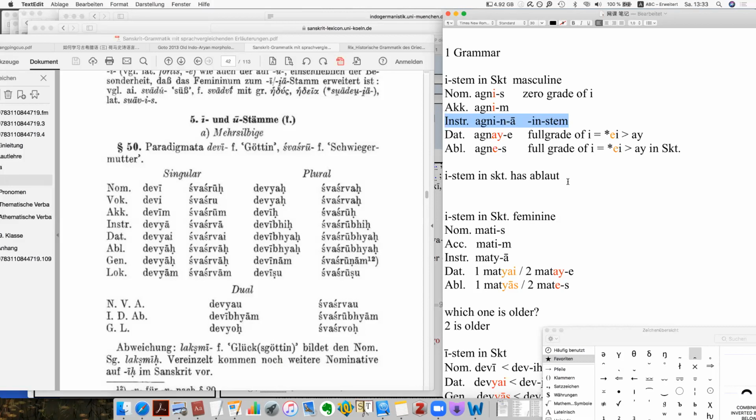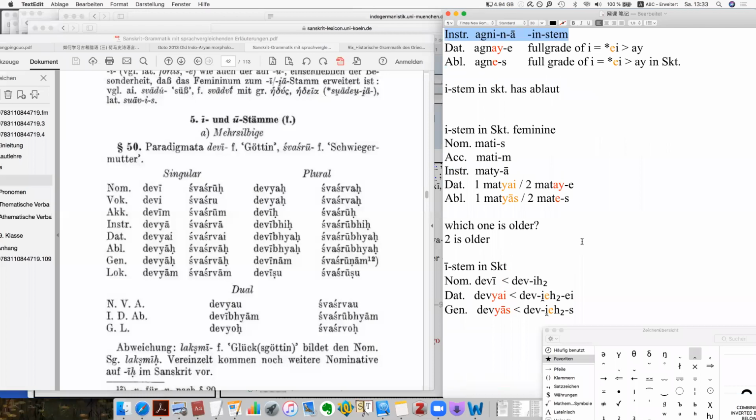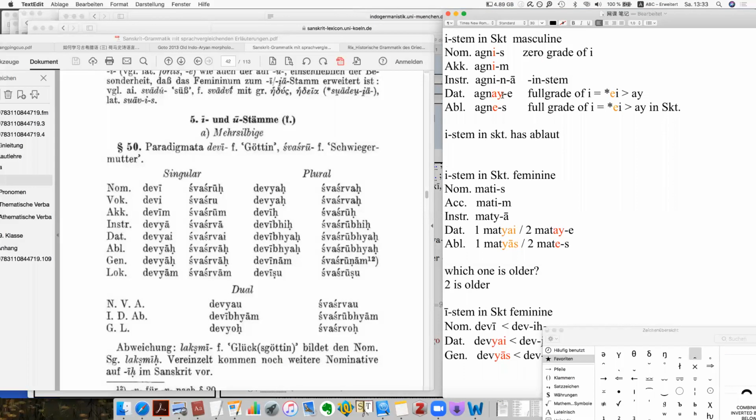But why is it? Why borrow? Perhaps it's because this is also feminine. I think the reason is probably that this is feminine, and this is also feminine, right? Probably that is the reason. And you can see this is only for feminine, right? For masculine, we only have this one. Only for feminine, we have two forms. Okay.